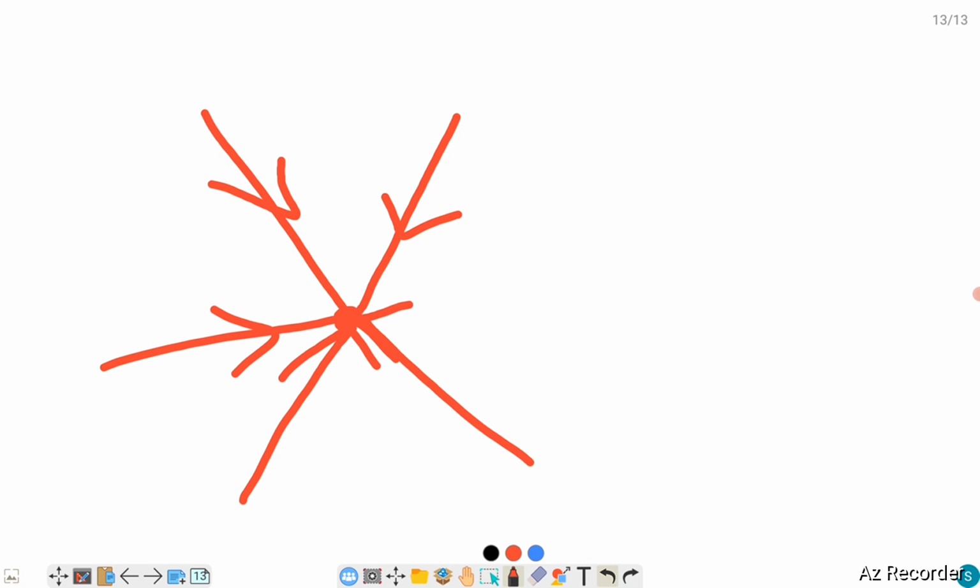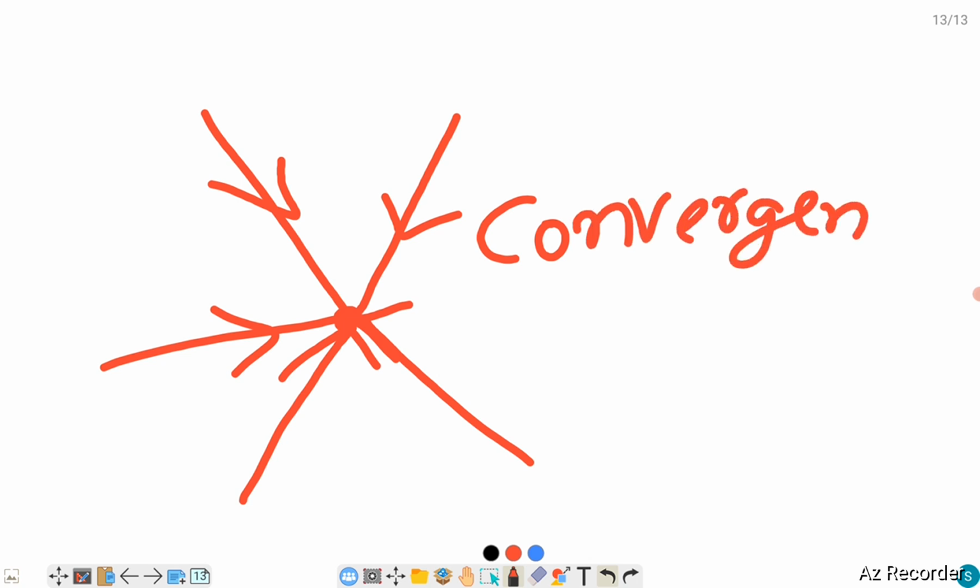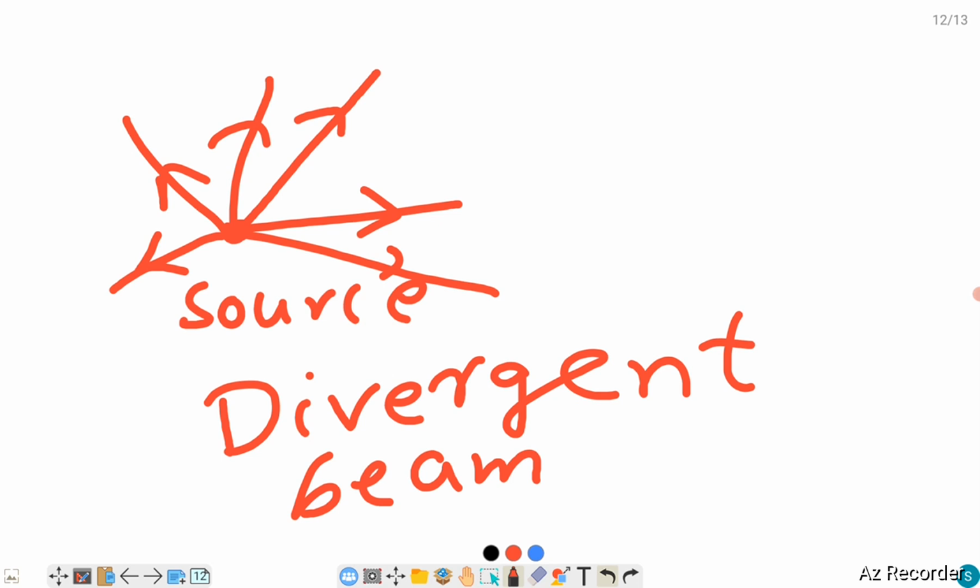Okay, so this beam is called a convergent beam. They are meeting at that point, that is convergence. Now here they are moving away, going in different directions from one point. So this is the point of divergence and the beam is said to be a divergent beam.